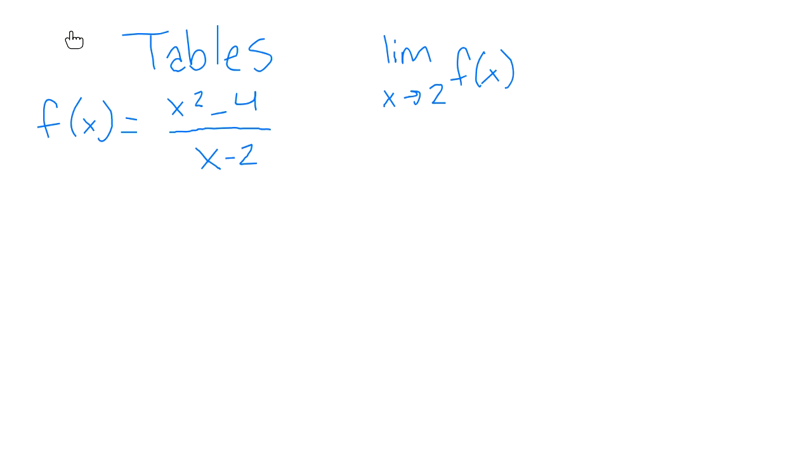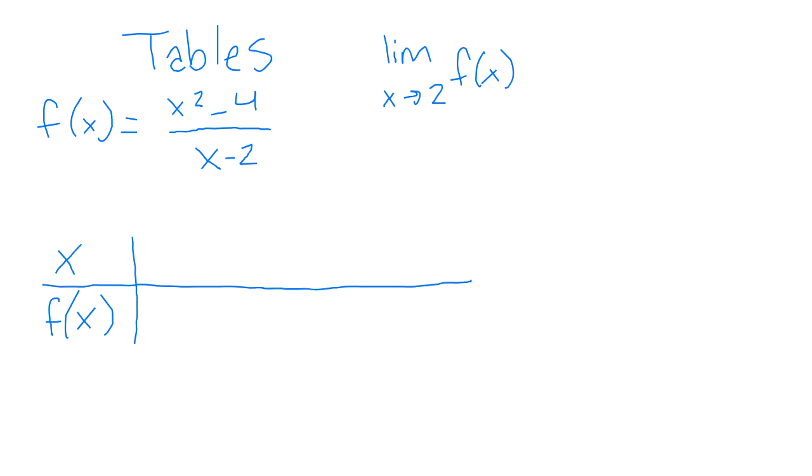First, we can build a table. We have our x values here and our f of x here. Now let's start writing down some values at or near 2 on both sides.